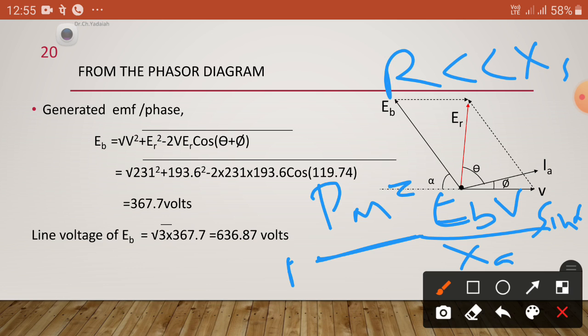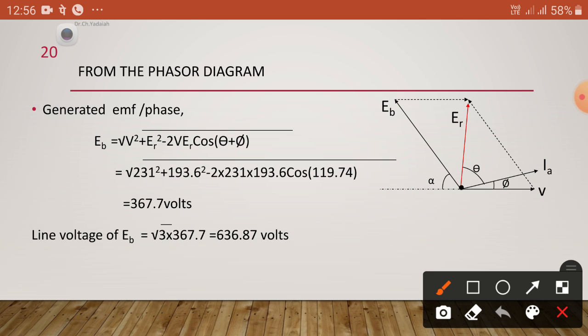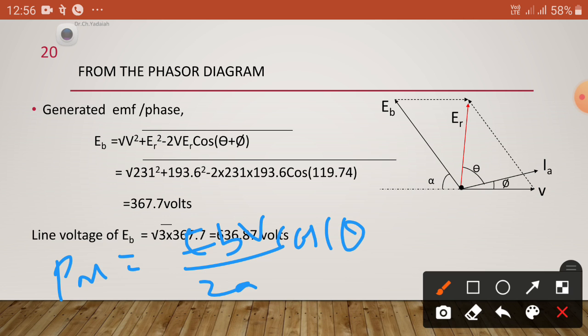If the resistance condition is not given, then write the same formula. What is the formula? Pm is equal to Eb times V by Za, cos of theta minus alpha, minus Eb square by Za, cos theta.